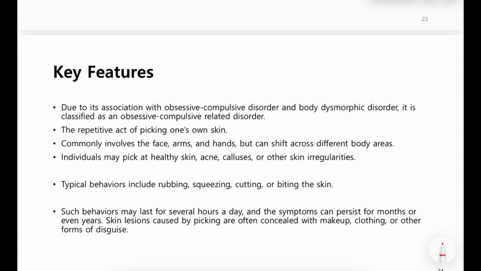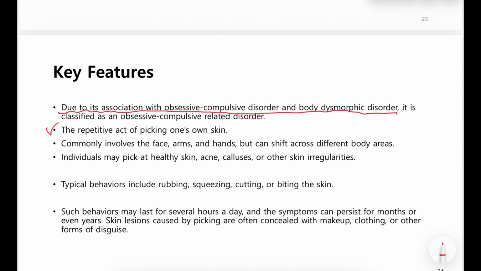Excoriation disorder is classified under obsessive compulsive related disorders due to its overlap with OCD and body dysmorphic disorder. The main feature is repetitive picking at one's own skin, which can involve healthy skin, acne, or scabs.